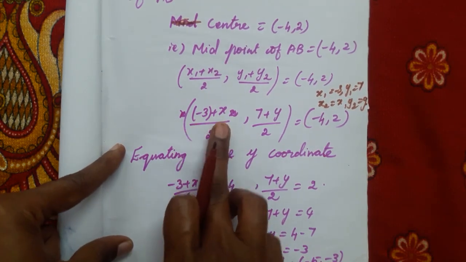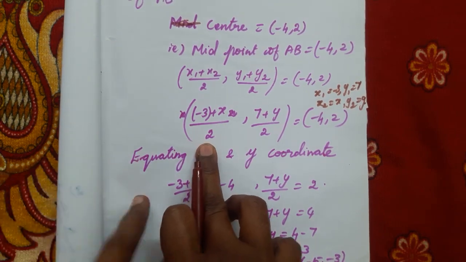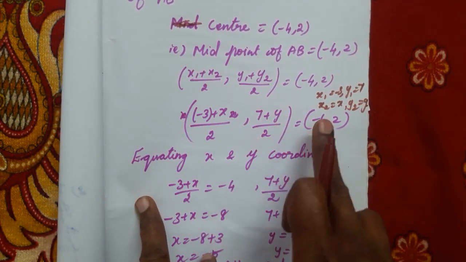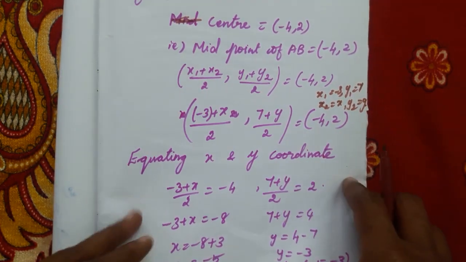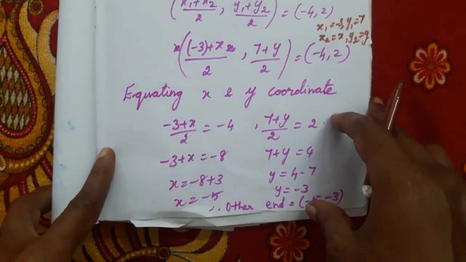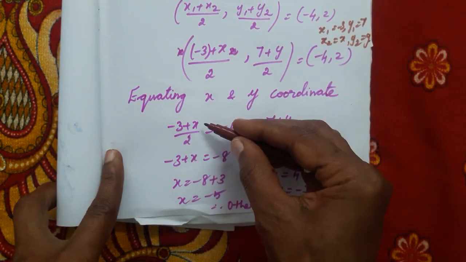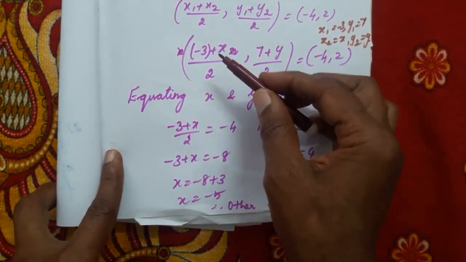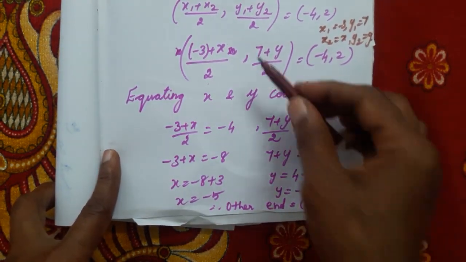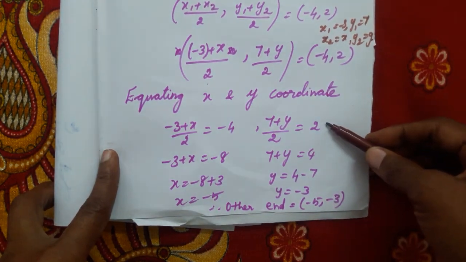So (-3 plus x) by 2, next y1 in place 7, (7 plus y) by 2 is equal to (-4, 2). Equating the x and y coordinates, (-3 plus x) by 2 is equal to -4, and (7 plus y) by 2 is equal to 2.